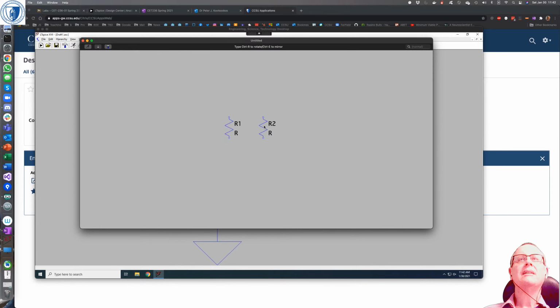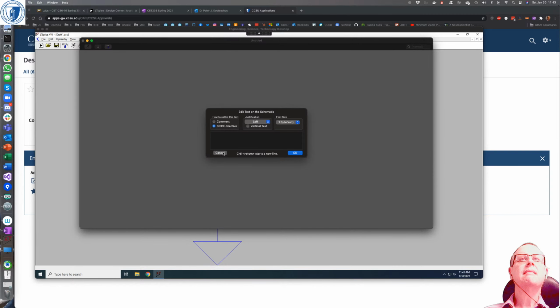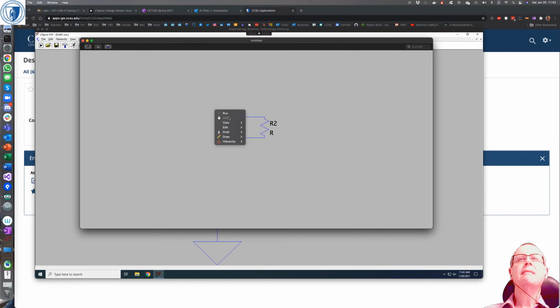And I can do that, and then hit escape, and then I want to draft a wire like that, and then I want to right click and draft a, I've forgotten how to get the ground version.